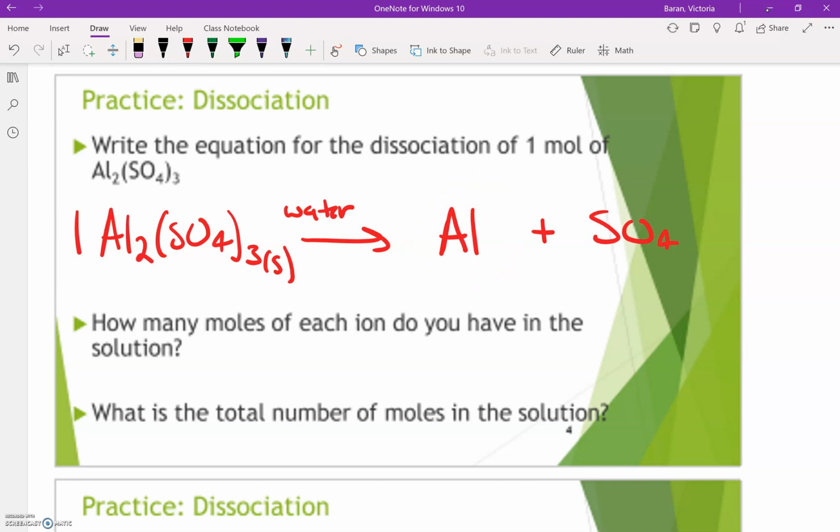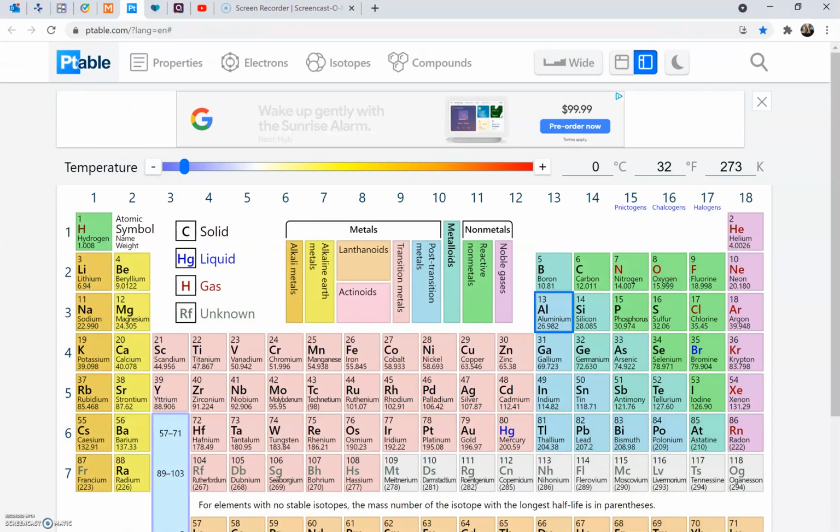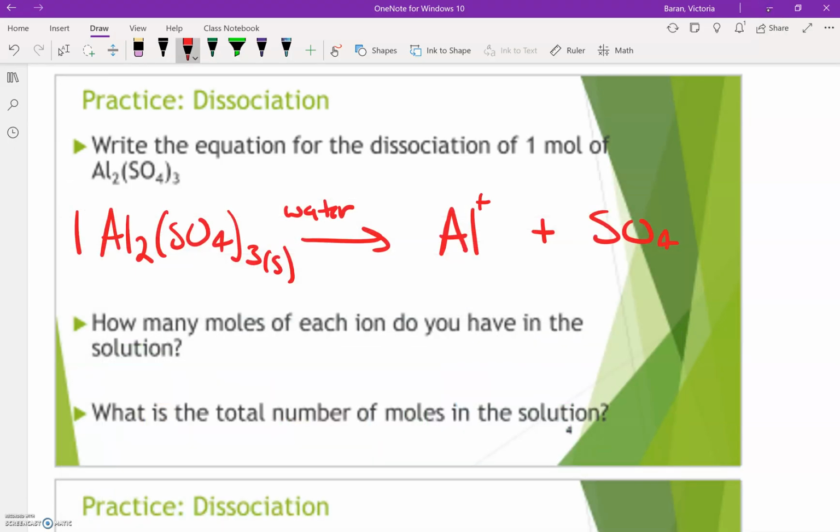On my periodic table, if I look up the charges, aluminum is in group 13. This would have a charge of +3. And then the SO4, I would have to look on the back of my periodic table to find the charge of that, and that would have a charge of -2. Since these are dissociated in water, we would write AQ for aqueous. Now the last thing we have to do is make sure this is balanced.